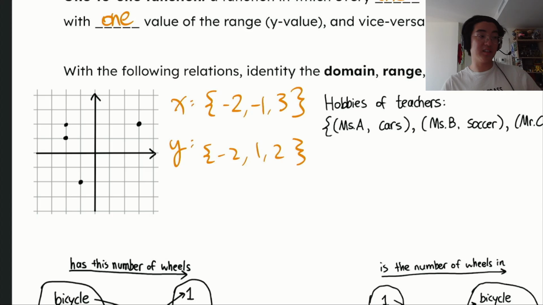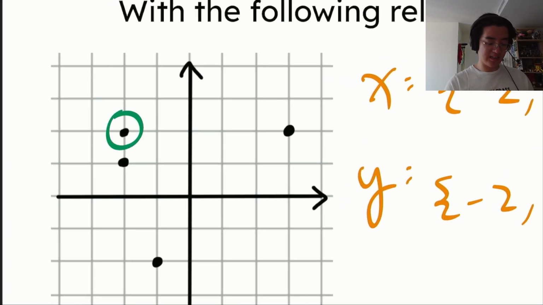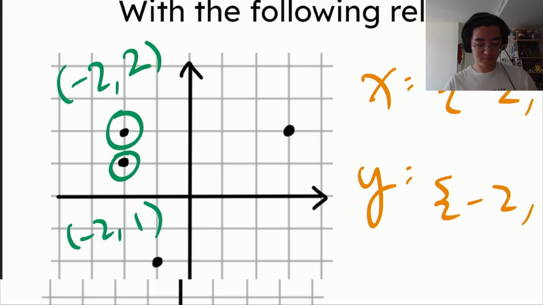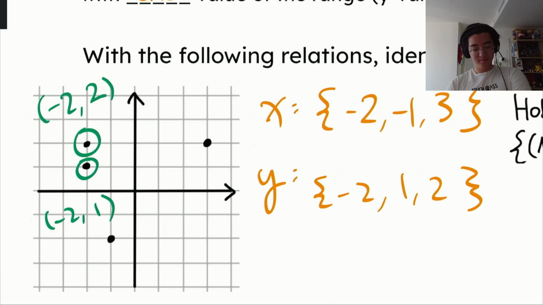Okay, so is that a function? We can see here that in this case, x equals -2 and y equals 2, and this right here is -2 comma 1. Okay, we notice something here, right?